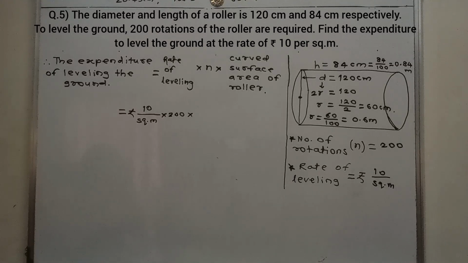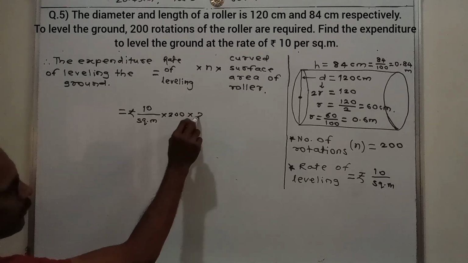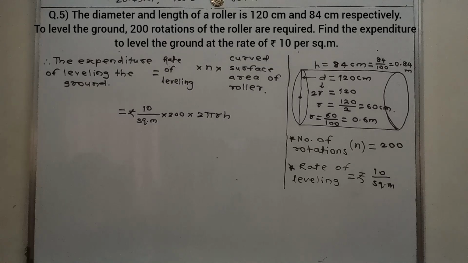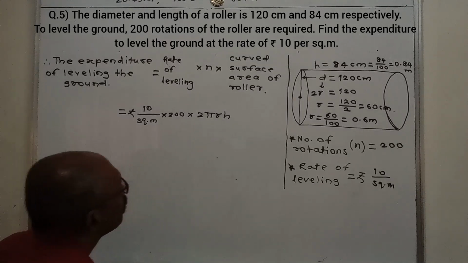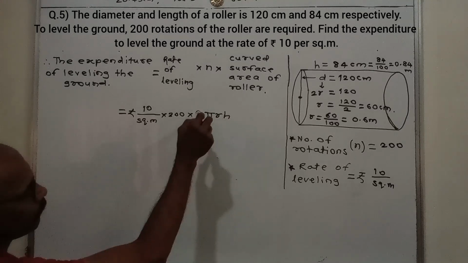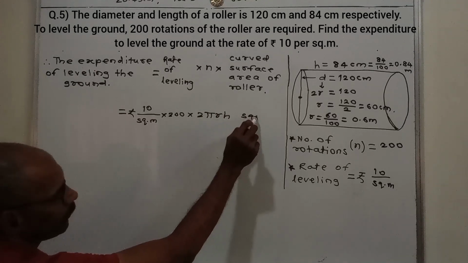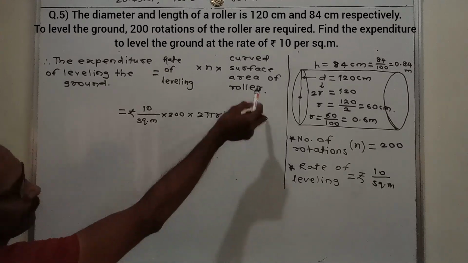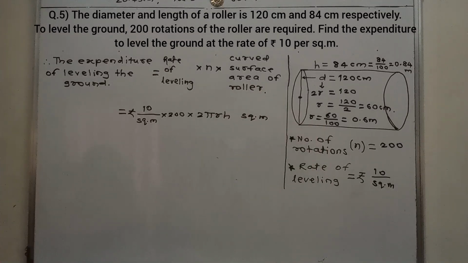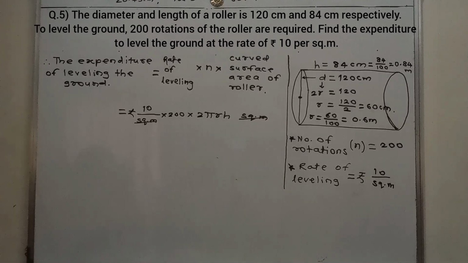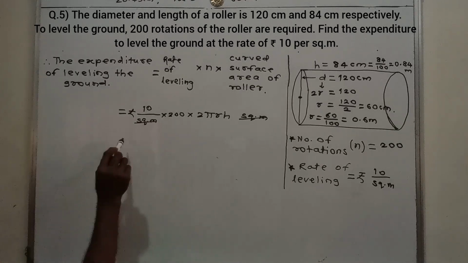What is curved surface area? You don't know the formula. Okay. Now see this. Curved surface area is always in square meter, because everything is in meter. Numerator, denominator cancel.